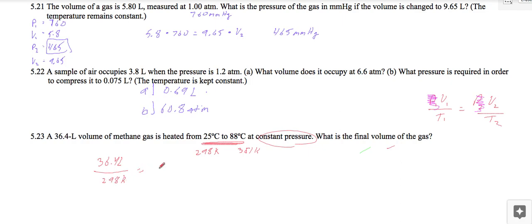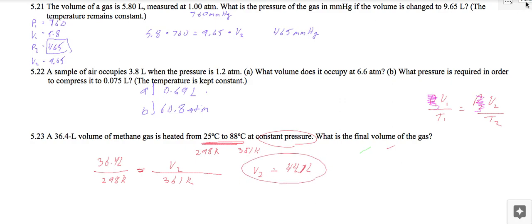298 Kelvin is equal to a new volume over 361 Kelvin. Now, just like you guys are familiar, you're going to be cross multiplying and dividing. We end up with the new volume equal to 44.1 liters.